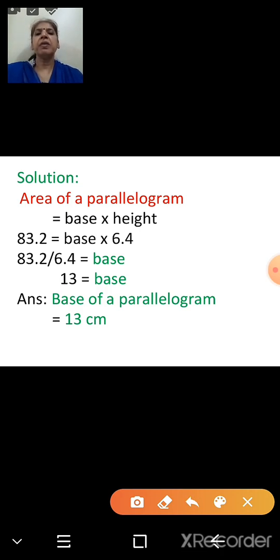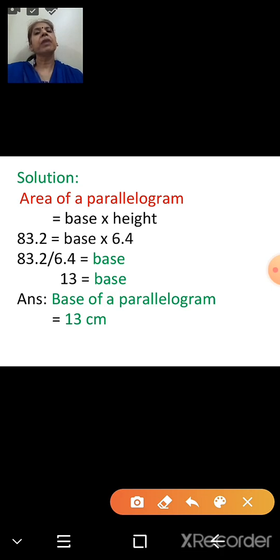Now what we will do? We have to find the base, so 83.2 divided by 6.4. Both have one decimal place, so you can remove the decimal from numerator and denominator.